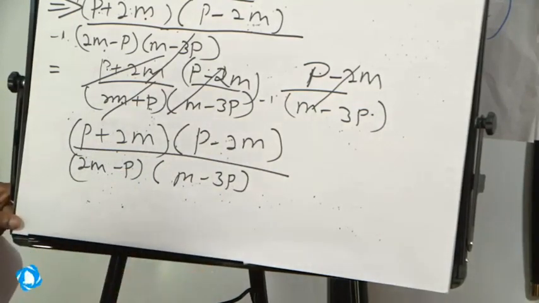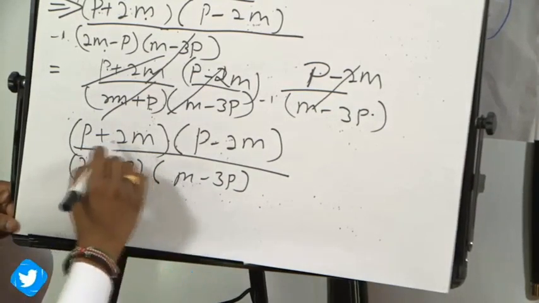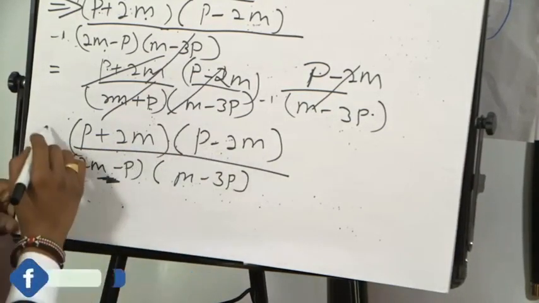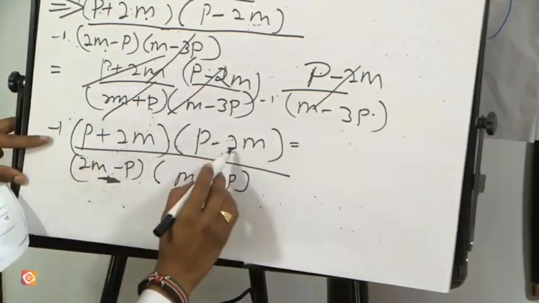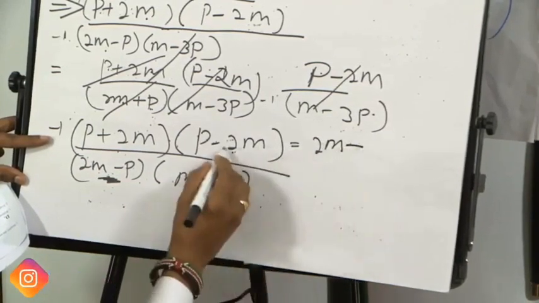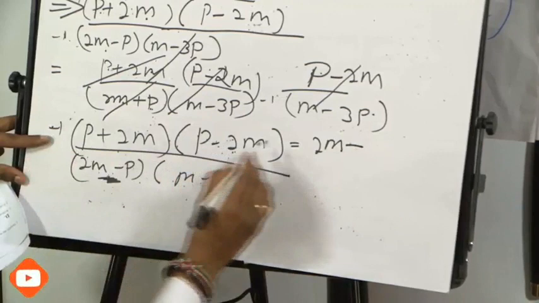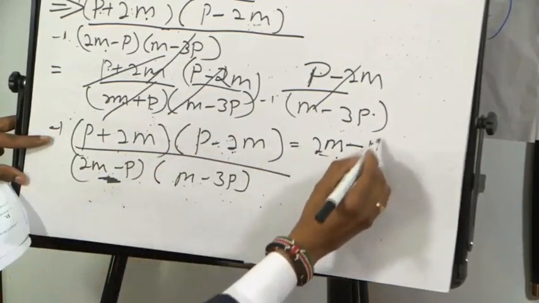So introduce the negative so that at least this becomes a factor of one of these. When you multiply this by the negative, you get 2m minus p. Minus times minus 2m is 2m, then minus times p is minus p.